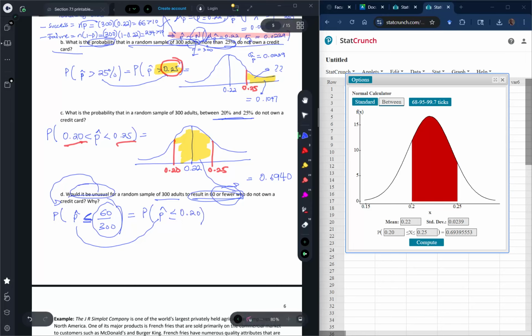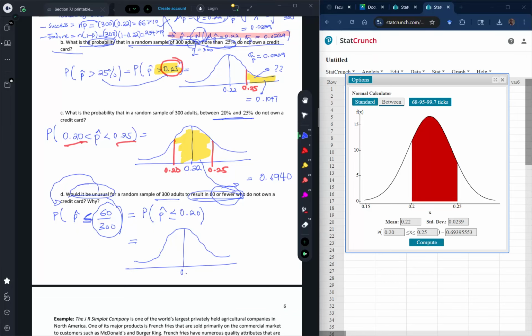Again, looking back at the normal distribution model, we're looking at the mean value, 0.22, and the standard error is 0.0239, and we're interested in 0.20.